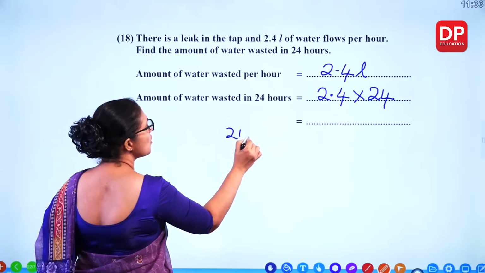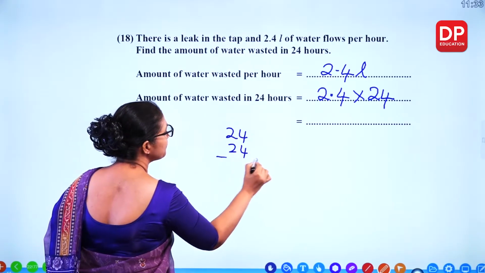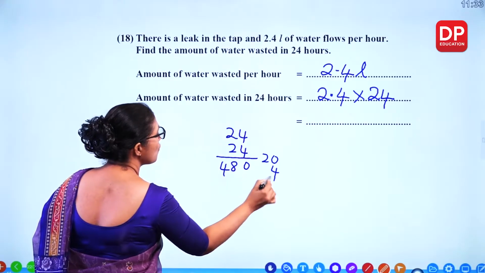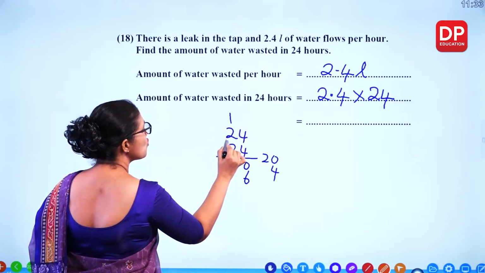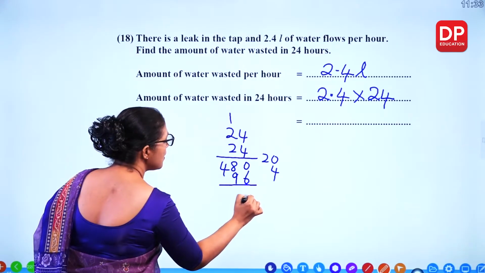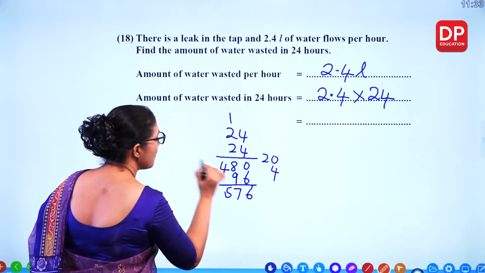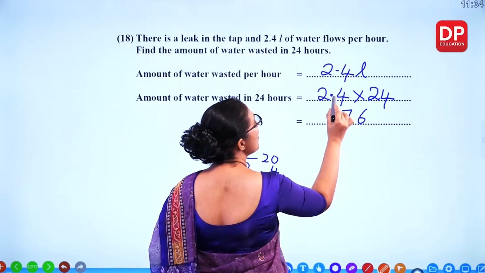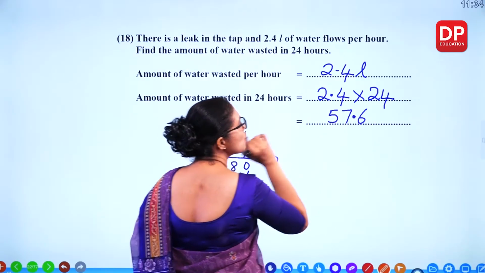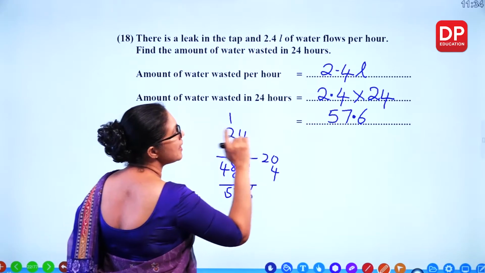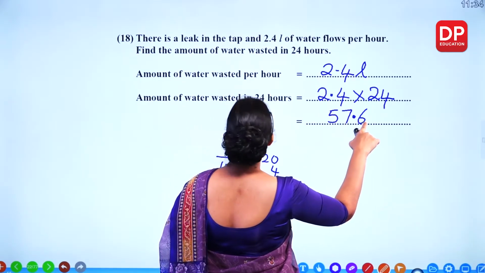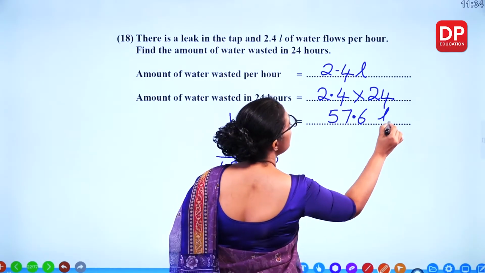So we'll see what's 24 times 24. 4 times 4, 16. 4 times 2, 8 plus 1, 9. 576. But we know one decimal place is there. So you keep one decimal place here. So 57.6 liters.